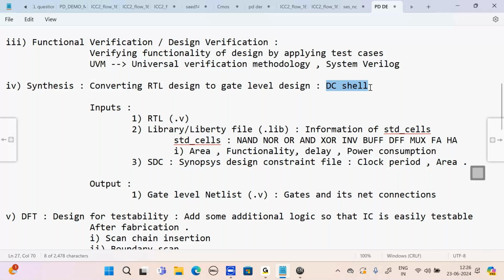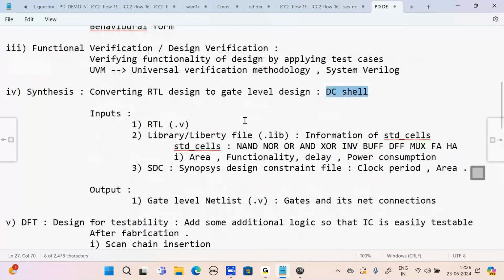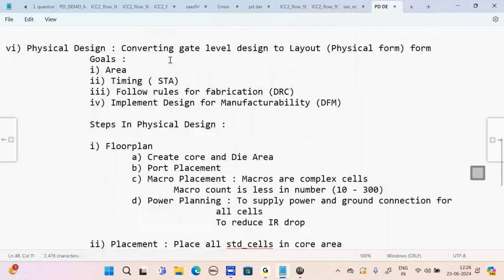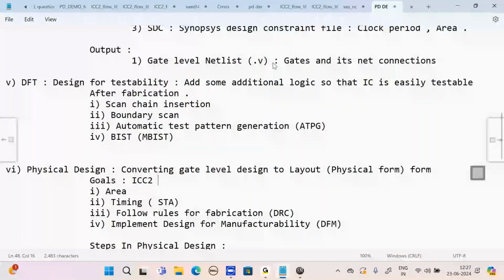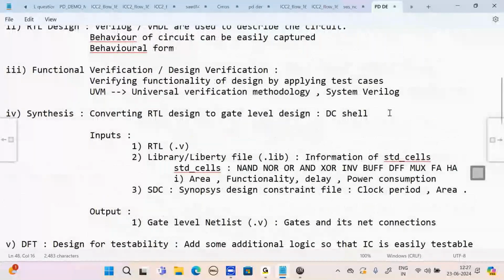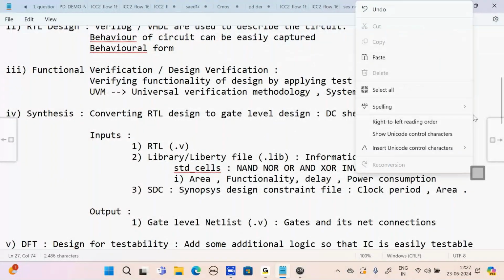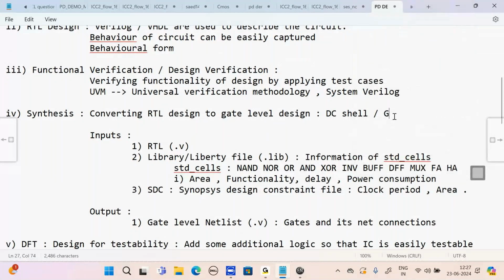DC stands for design compiler. For physical design, the tool used is ICC2. In industry, two tools are very famous. One is from Cadence, one is from Synopsys. We are using Synopsys tools. What is the Cadence equivalent for DC shell? It's Genus. Genus is from Cadence. But we are using DC shell, from Synopsys.